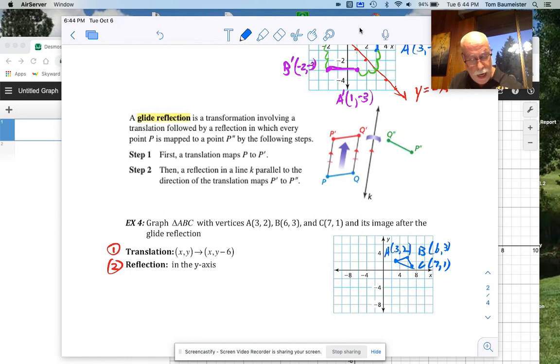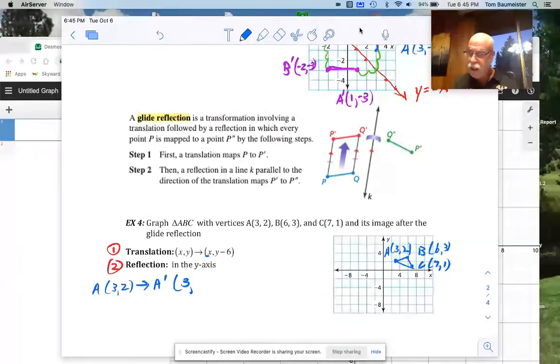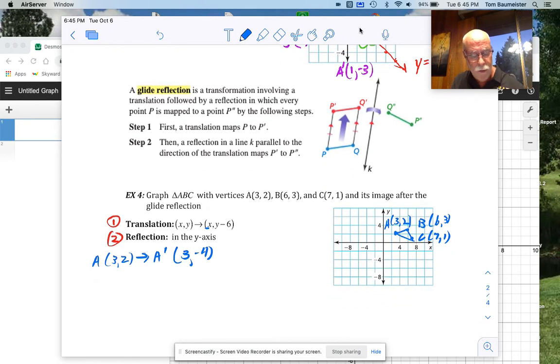So if I do A, which was (3, 2), that goes to A prime, which according to the rule, our X stays the same, so that's 3. And then our Y is now 2 minus 6, so 2 minus 6 is -4.